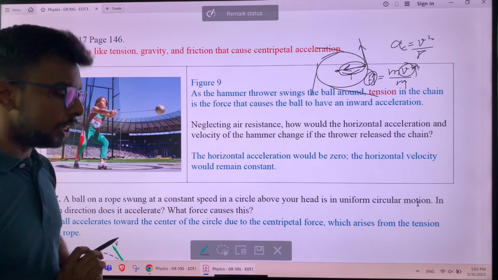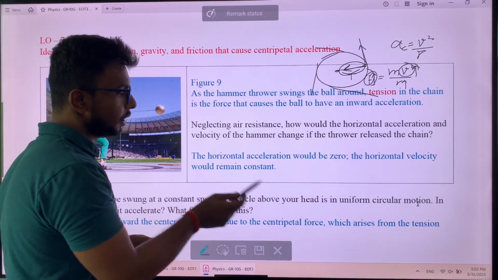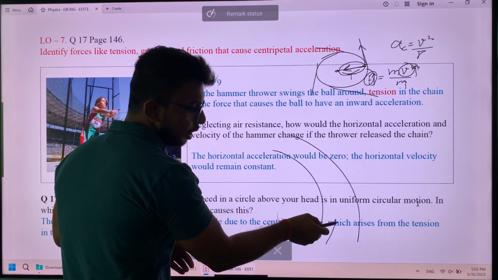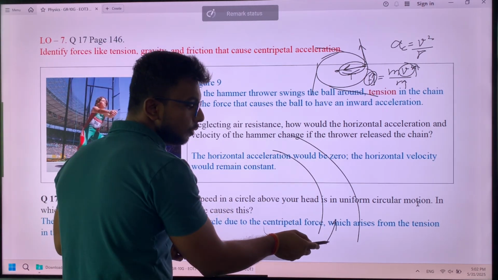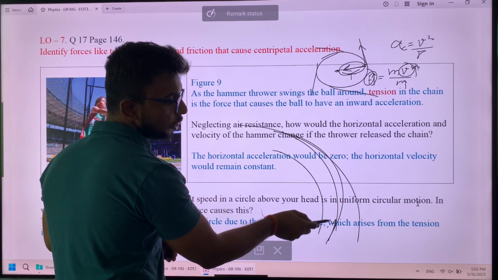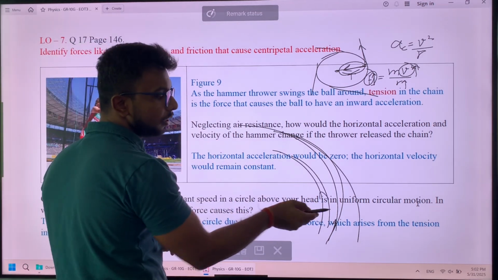That is why you must have seen that when we take a turn in a car at high speed, we take a longer turn, a longer radius. We don't take a shorter radius, or we generally slow down our cars when we are taking a turn.